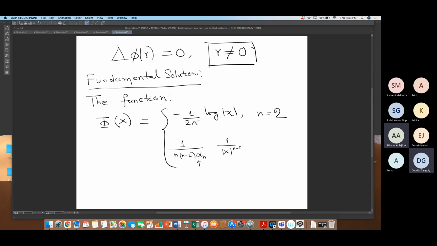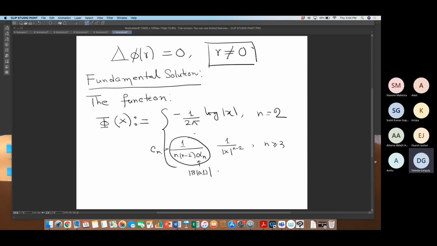Volume of unit ball. Exactly, of B(0,1). So I define a function phi x equal to minus 1 by 2 pi log mod x if n equal to 2, and for n greater than 2, this is a constant Cn, 1 by mod x to the power n minus 2.